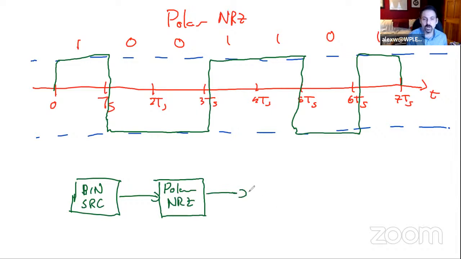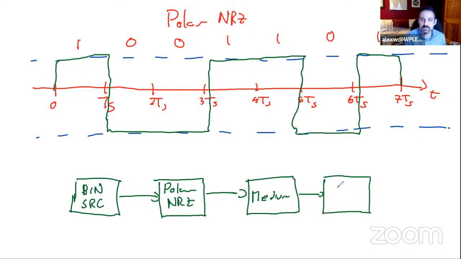It then goes across some sort of communication medium. And then we do the conversion, the mapping back to binary.